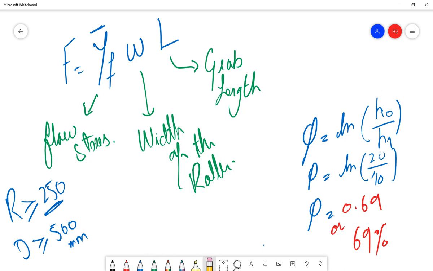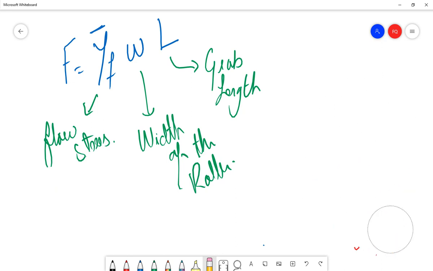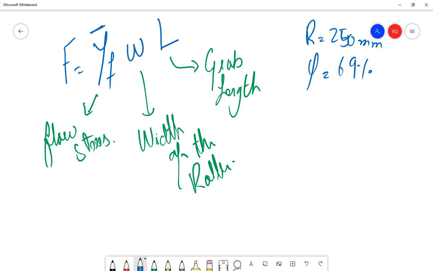If I clear this all up, and just from remembering, we have roll radius which is equal to 250 mm, and we have phi which is 69% almost.